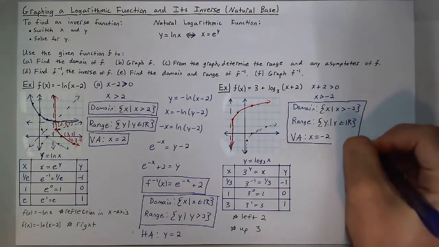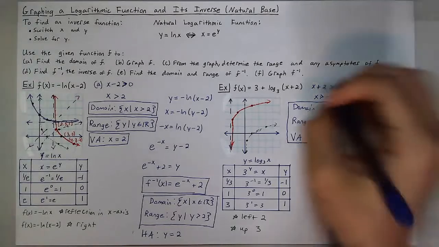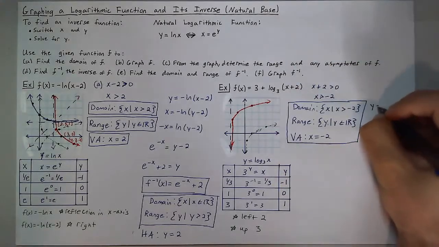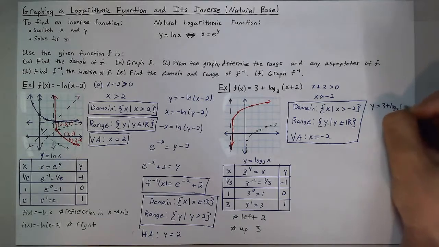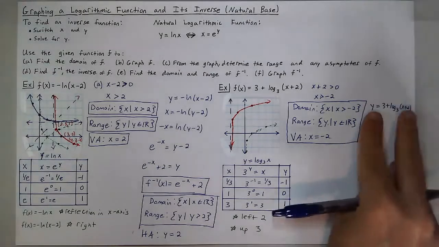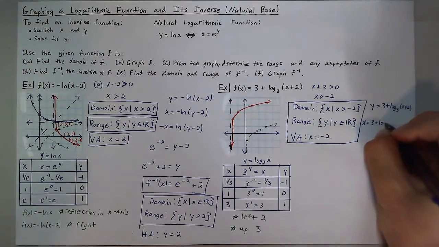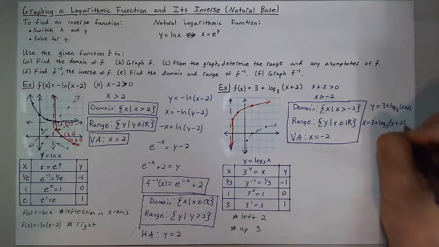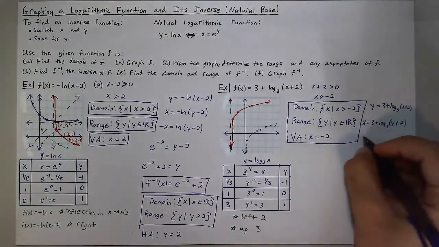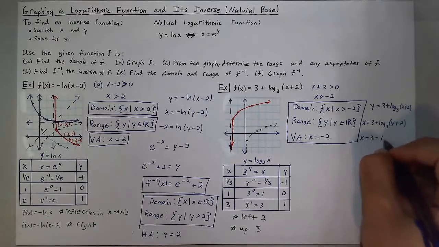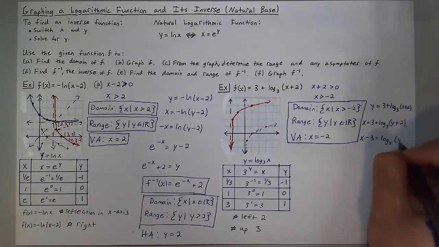Now to find its inverse, I'll have y is equal to 3 plus log base 3 of x plus 2. I'll swap x and y, so I'll have x is equal to 3 plus log base 3 of y plus 2, and then I'll solve for y. So subtract 3, so x minus 3 equals log base 3 of y plus 2.